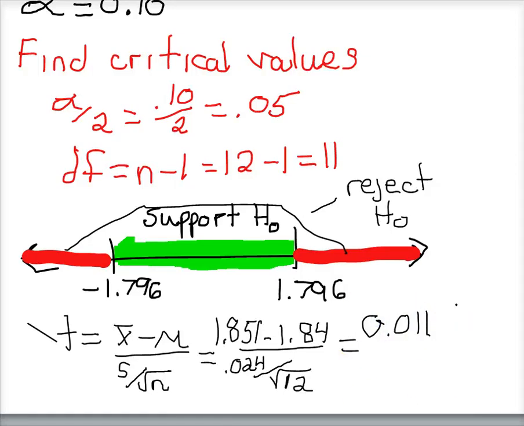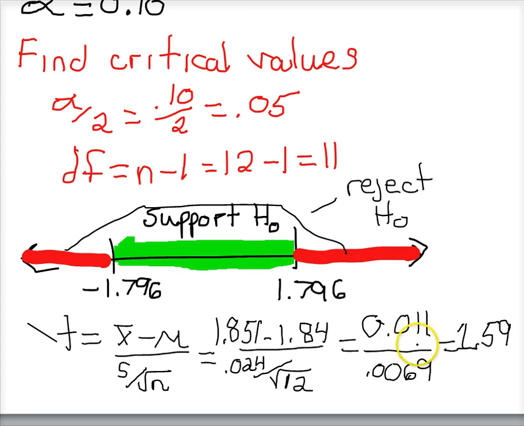And on the bottom, I'll take 0.024 and divide by the square root of 12. Lastly, I'll divide the top and the bottom of my fraction to get a t-value of 1.59.